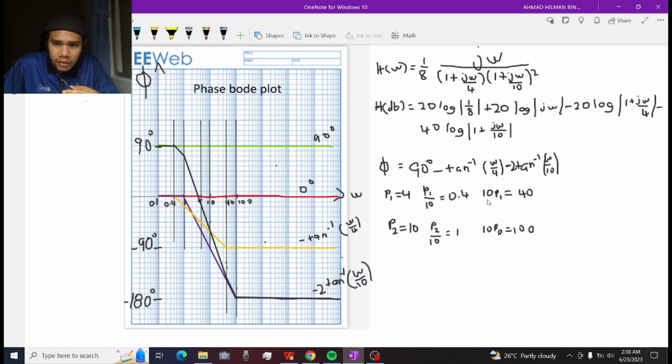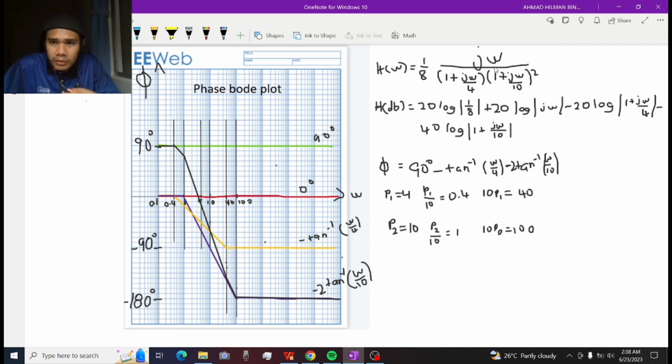Then at 10P equal to 40, it will reach negative 90 degree. So from 0.4, we draw a line until 40 and negative 90 degree, because it is a simple pole, it will go down.